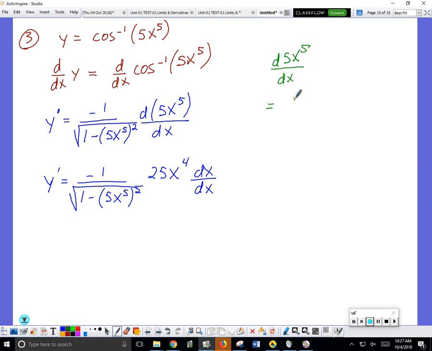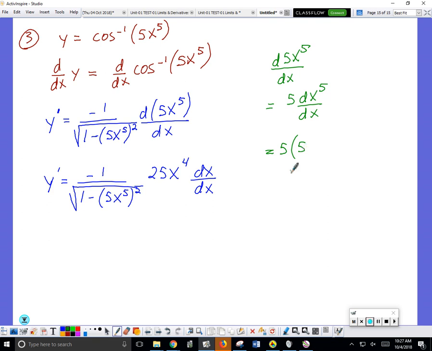I use the constant rule first. Are you all okay to there? The next thing I do is I'm going to use the power rule. So here's the 5, leave that there. Power rule says bring down that 5. Is everybody okay with that?